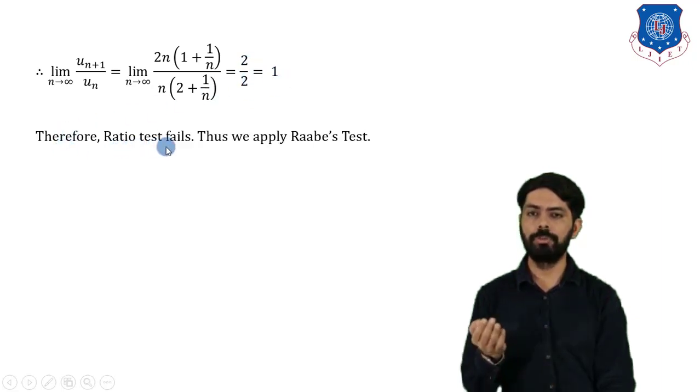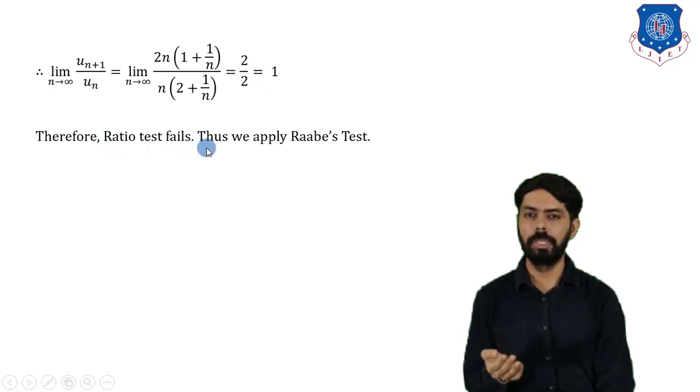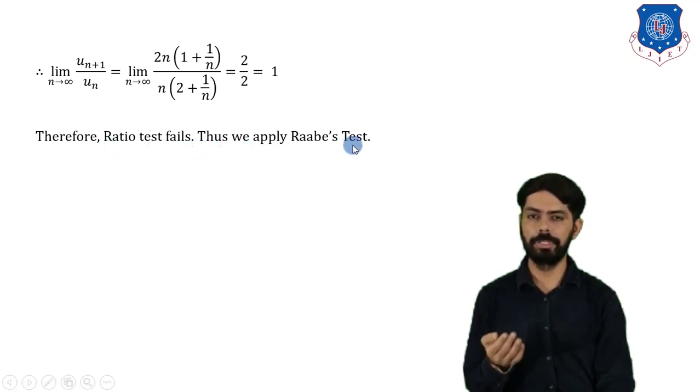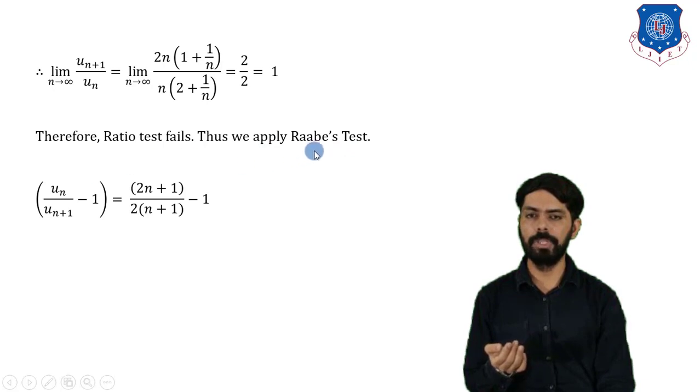Therefore the ratio test fails, because we have discussed earlier, if capital L is equal to 1 then the ratio test fails. Thus we apply Raabe's test. Therefore, for Raabe's test, we will have to find out u_n divided by u_(n+1) minus 1.